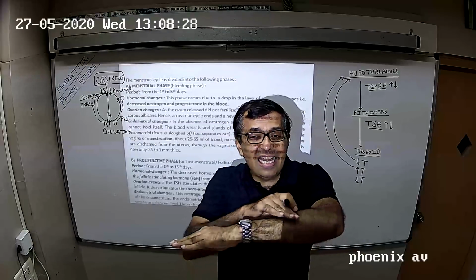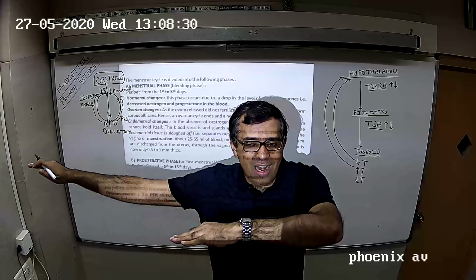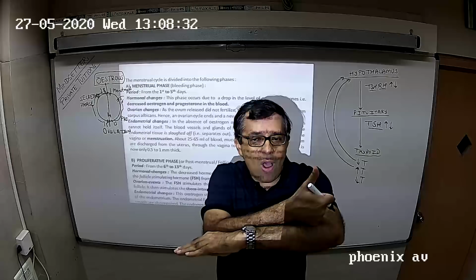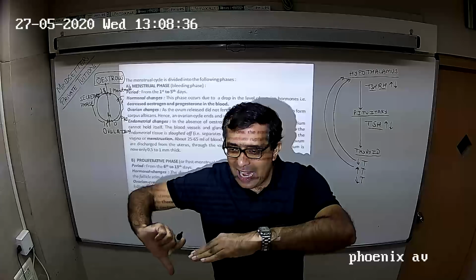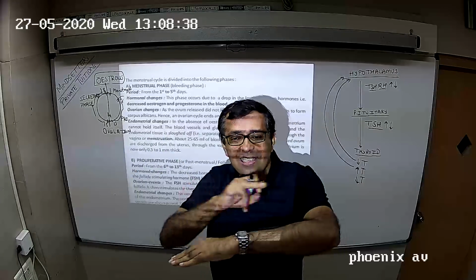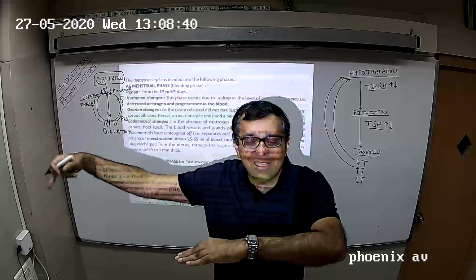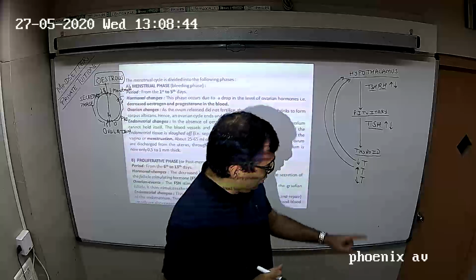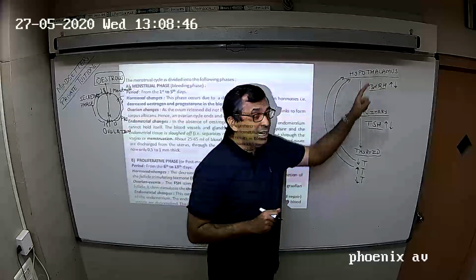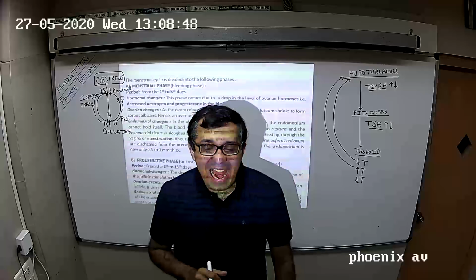Thyroxine never reaches a normal level. First it is more than normal, then less than normal, then more than normal, then less than normal, and thyroxine stays in a wave pattern like this. Who controls this? This is all controlled by the hypothalamus.